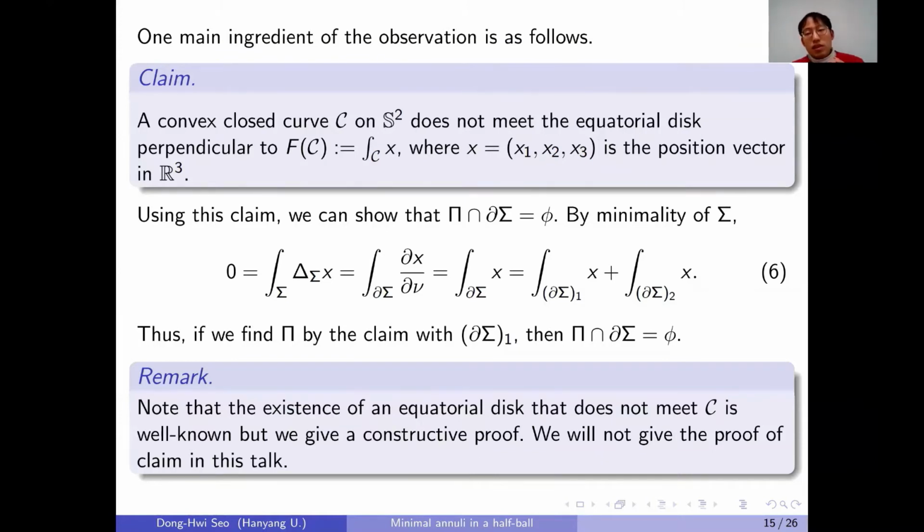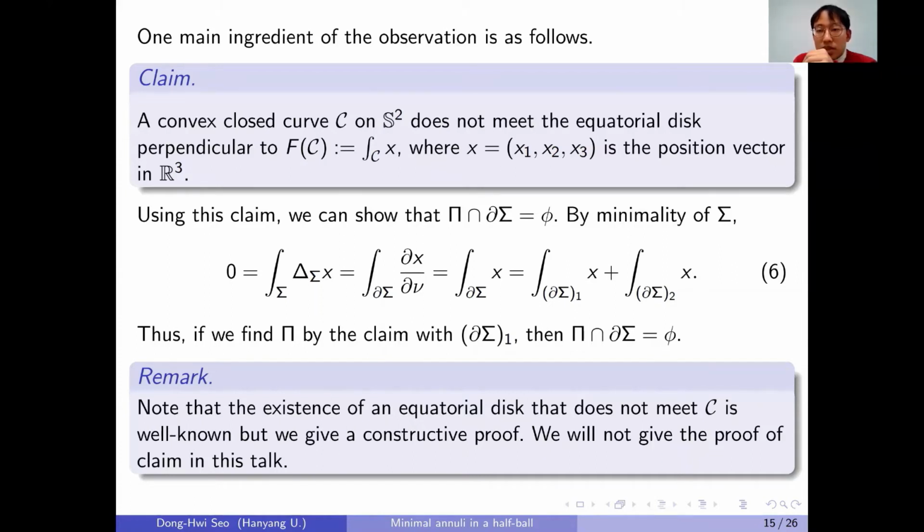So if we take an equatorial disk perpendicular to the flux vector of a boundary component, then this equatorial disk does not meet the boundary component by the claim, and also this equatorial disk does not meet the other boundary component.